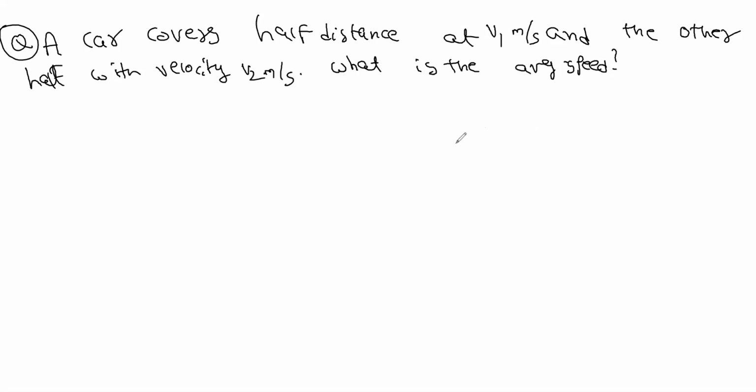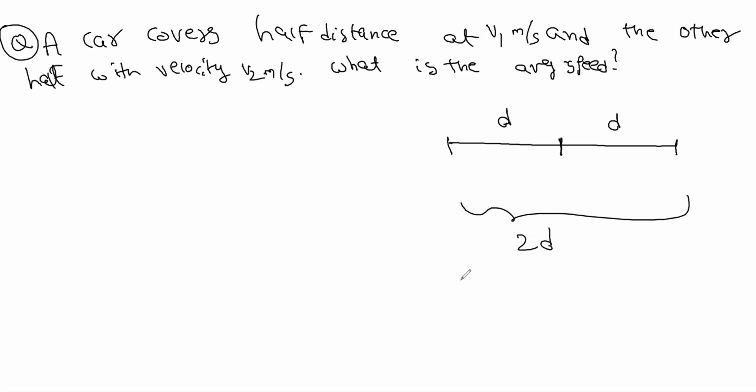Now, okay, let's see this. Let us suppose the total distance. Half distance at v1, right? I'm taking the first distance as d, the second distance also d, because the total distance is 2d. Otherwise, you can take the total distance as d, so half becomes d by 2 and the second half becomes d by 2.